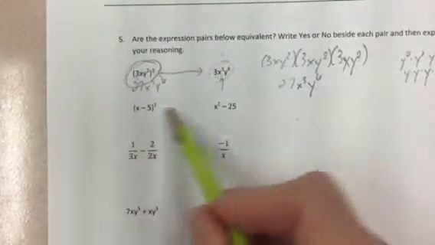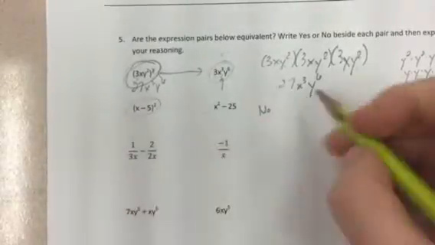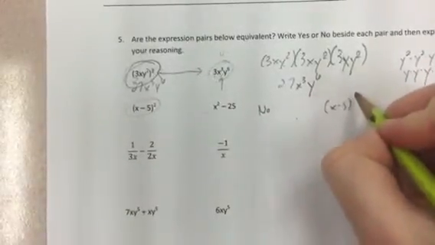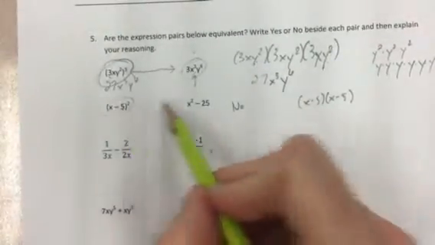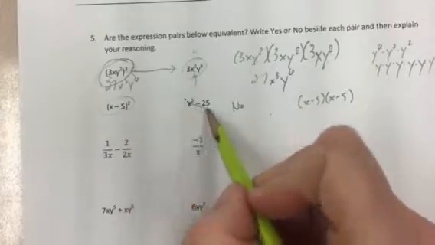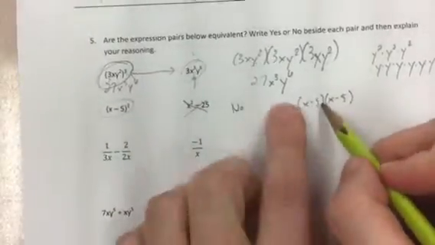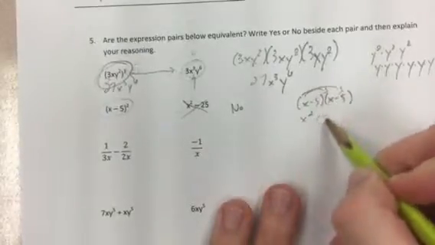Okay, this one I'm looking at and I automatically know the answer is no. And the reason is because x minus 5 squared is really x minus 5 times x minus 5. And here the difference is this person just did x squared and 5 squared, right? But that's not the same thing as doing x minus 5 times itself. Here you need to do the distributive property, right?